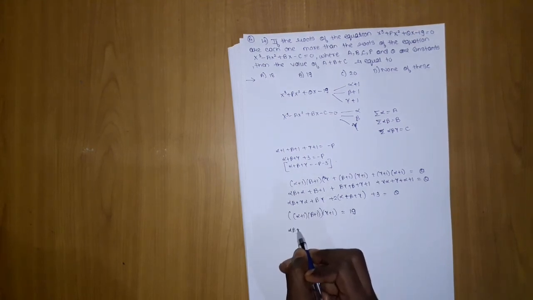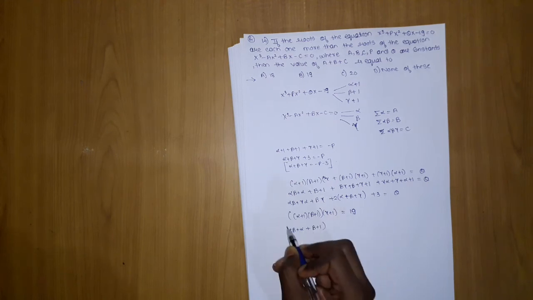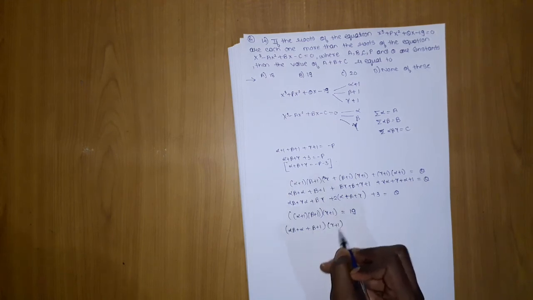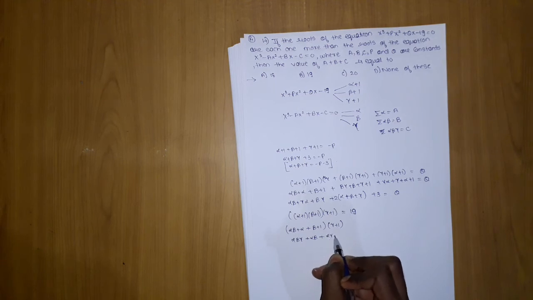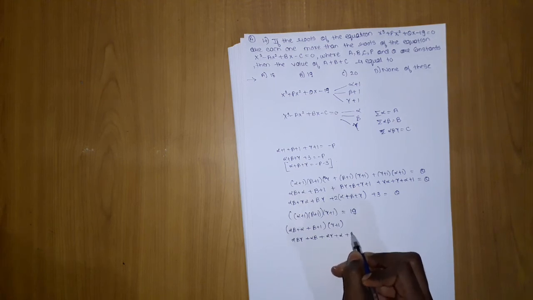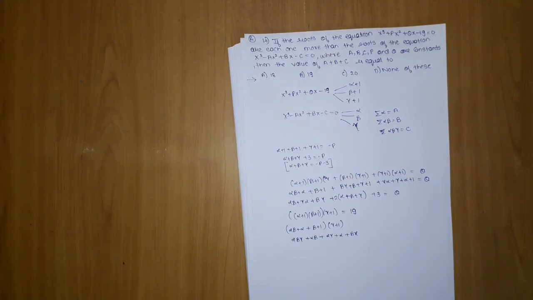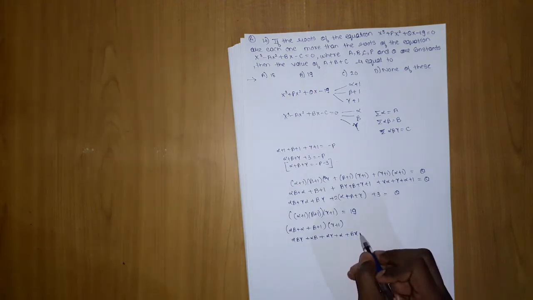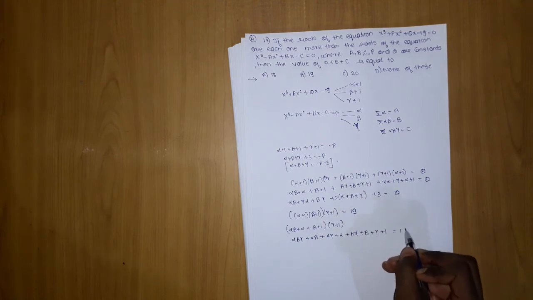It will be alpha beta plus alpha, then beta plus 1. Then we will solve it by this. It will be alpha beta gamma plus alpha beta plus alpha gamma plus alpha beta gamma plus beta plus gamma plus 1 should be equal to 19.